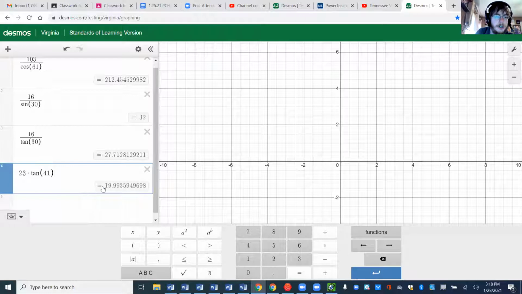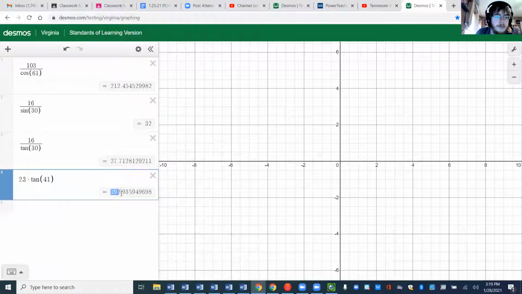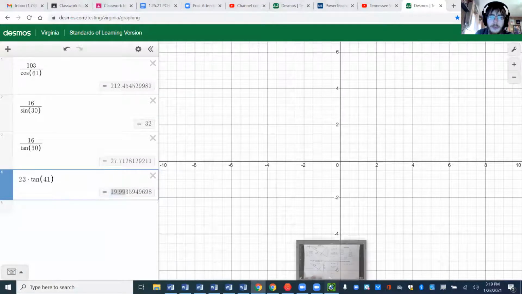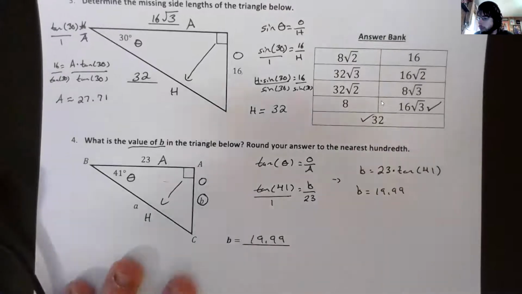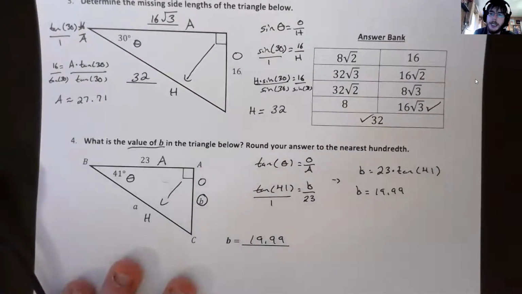Because the nearest hundredth is 2 decimal places. So as you can see there, the 3 behind it would not round it up to 20. So B equals 19.99.